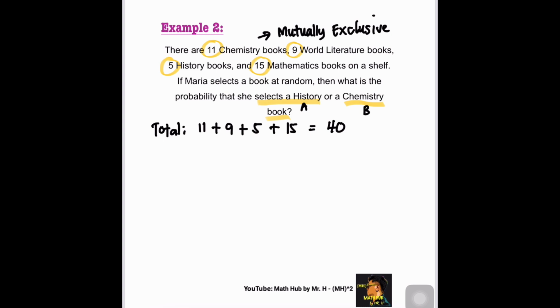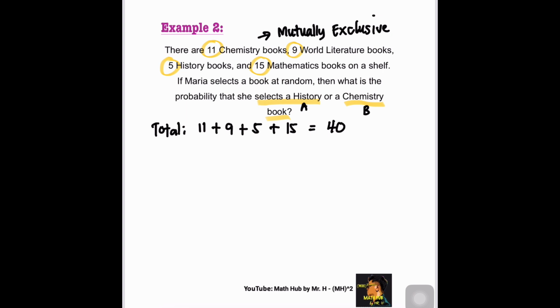All right, so if you're going to represent this question using a Venn diagram, definitely you will have circles that do not overlap, because this event is disjoint. So if it's history, then it's just history. If it's chemistry, then it's just chemistry. All right. So that's why this question is an example of a mutually exclusive event.